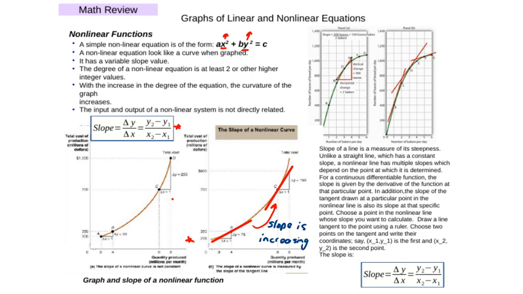So we'll be looking at this tilt sometimes. We'll say, okay, is the slope increasing here or decreasing from here to there? Slope is increasing because steepness is increasing simply.